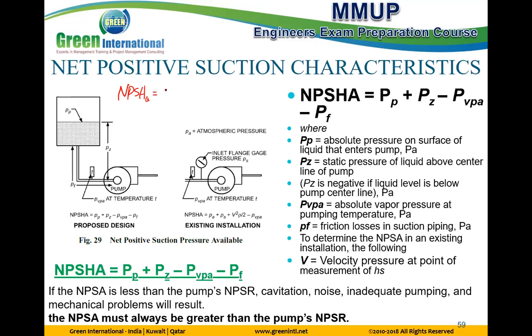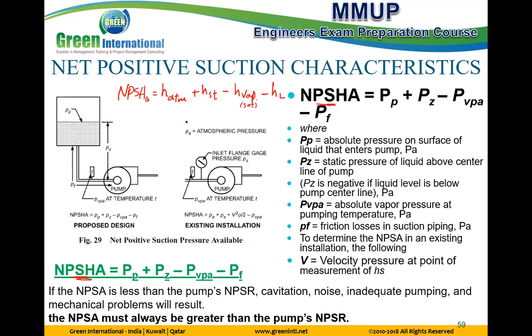Finally, we can write the equation: net positive suction head available is equal to H atmospheric plus H static minus H vapor or saturation, both the same, sometimes we mention saturation, minus H losses.